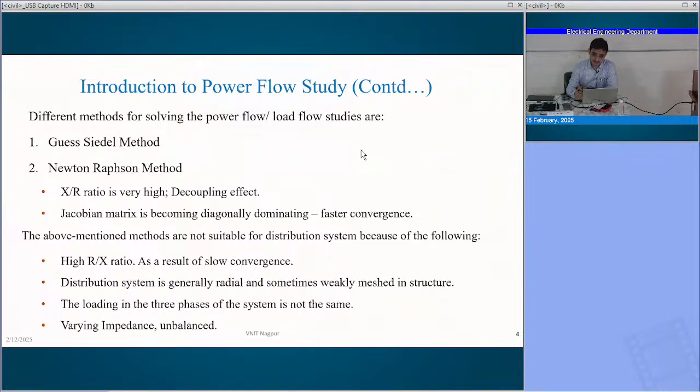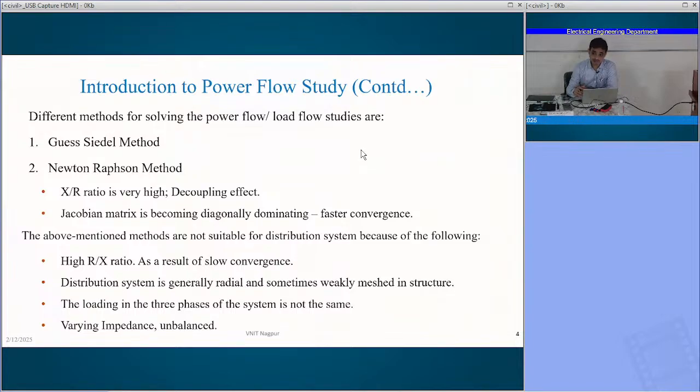Therefore, we may face certain problems. In the Newton-Raphson method, X by R ratio is high, therefore an over-decoupling effect is there. Ultimately, the Jacobian becomes diagonally dominant. Therefore, convergence becomes faster in conventional Newton-Raphson methods.